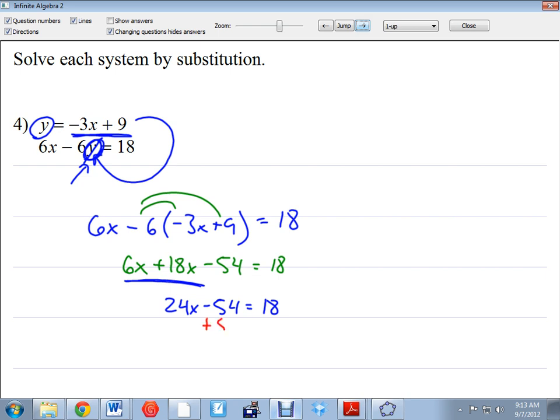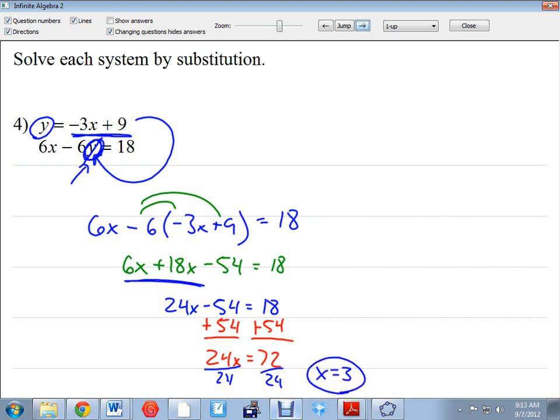Add 54 to both sides of this, and 54 plus 18 would give me a 24x is equal to 72. And then after the division of 24 on both sides, we will have x is equal to 3.